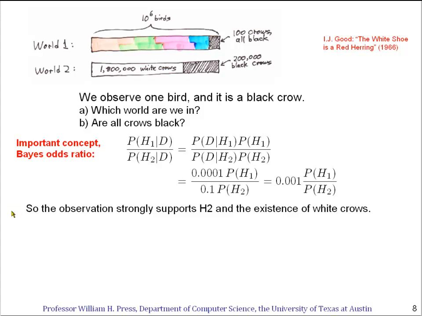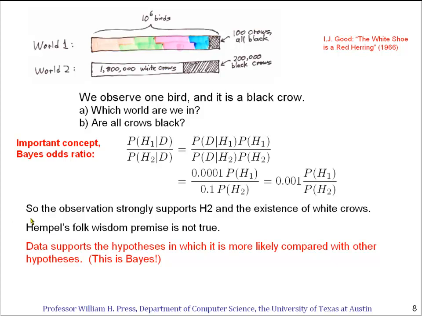So the observation strongly supports H2, that we're in world 2, and the existence of white crows. This is an example where the observation of a black crow supports the hypothesis that there exist white crows. We see that Hempel's folk wisdom is simply not true.